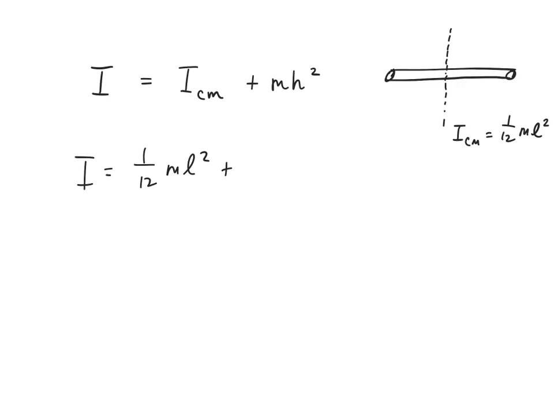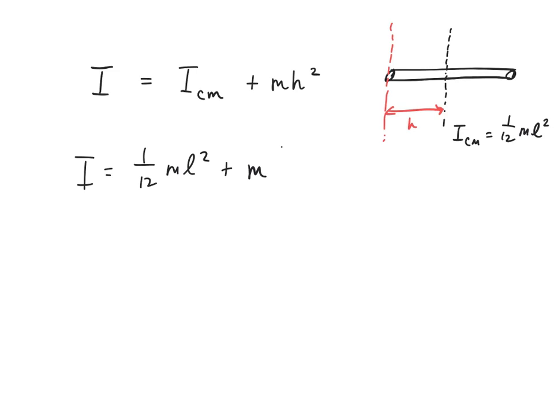But then what we have to do is think about how far the new axis is that we're going to rotate about. So let's say we're rotating about the end of this rod instead of the center. Put the axis of rotation here now. This is defined as h, the distance between the parallel axes. So this one is a distance of L over 2 away.